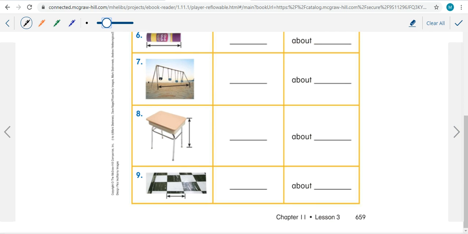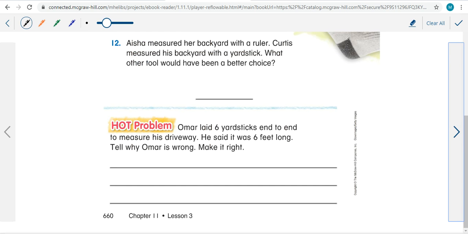On this part, the object is smaller, so you may use a yardstick. How about this tile that we put on the floor? You may measure with an inch ruler. Okay, so you're going to finish this by yourselves. Next page.